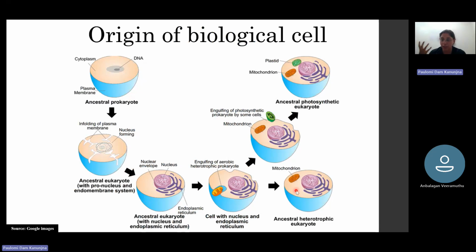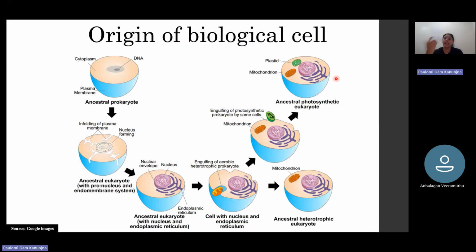If you know, these are foreign bodies, these are foreign DNA. They were symbiotically taken into the cell. So ultimately, what you see now as a cell structure has a phospholipid bilayer, and you have mitochondria, plastid. These are organelles with their own membrane, and then you have several other organelles in the cells, right?